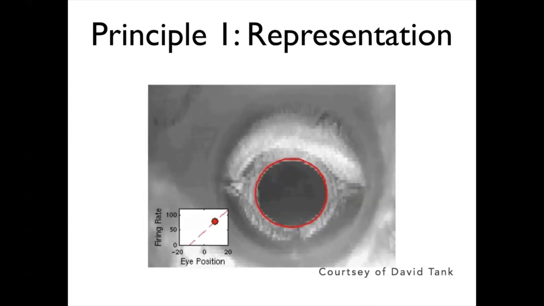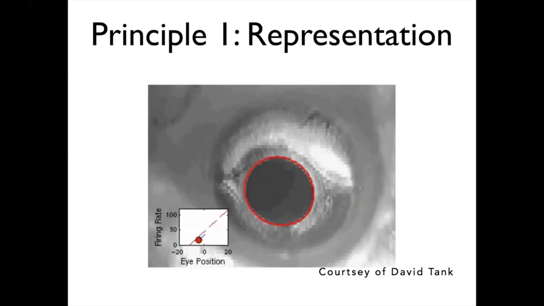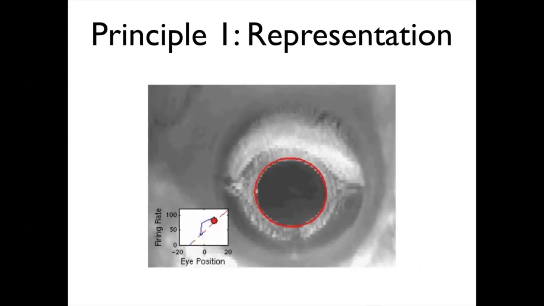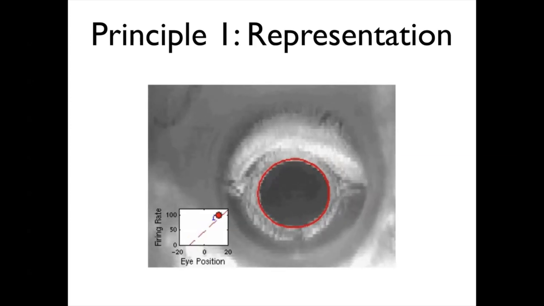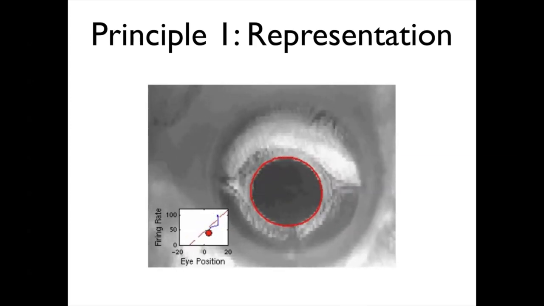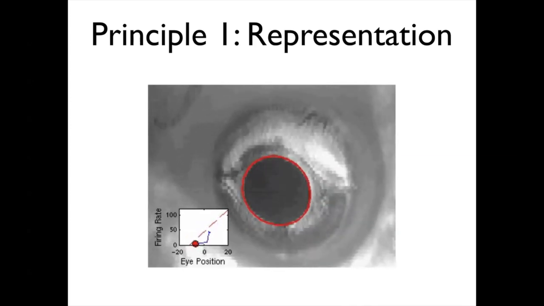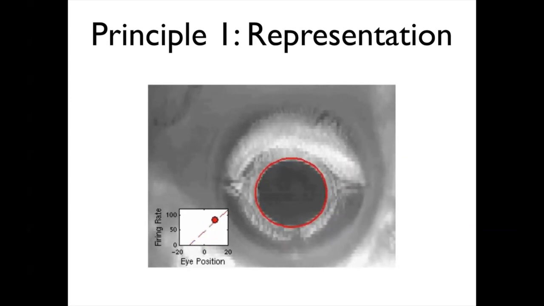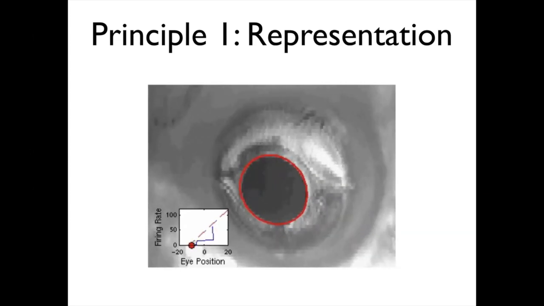Here's a cool movie of a goldfish eye. And you can see that what's being plotted at the bottom there is the spike rate. Hopefully you can hear the spikes. They're these little clicks, kind of like Morse code, which are changing their frequency. And the relationship between the eye position and the frequency of spikes coming out of this neuron is being plotted for you in real time.